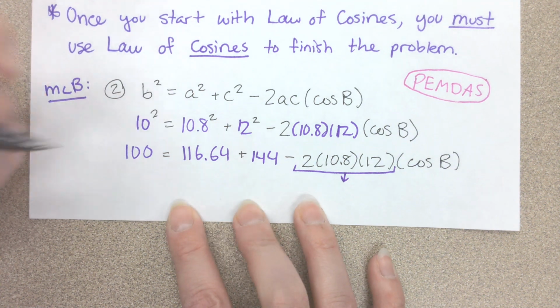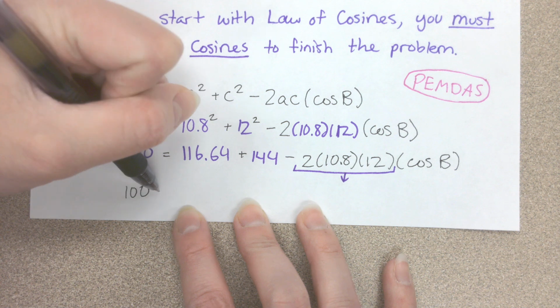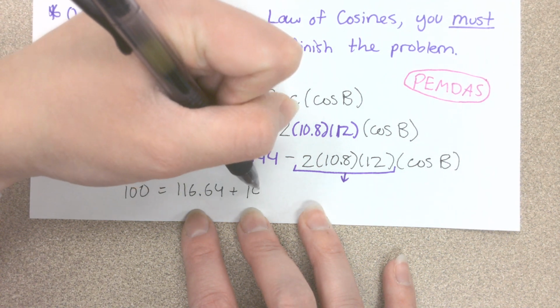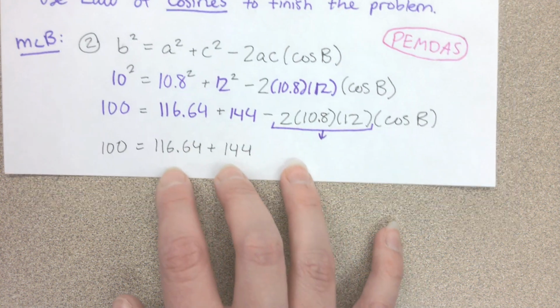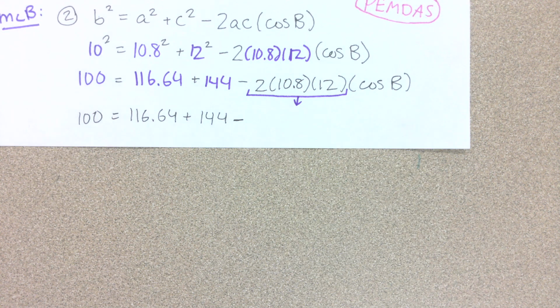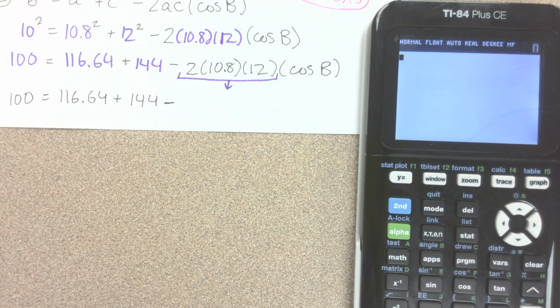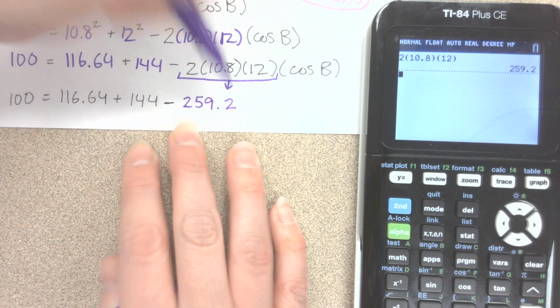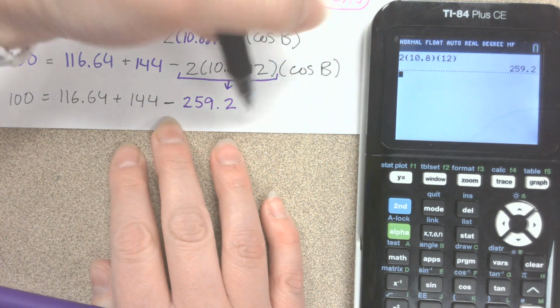Bring everything else down first. And I'm going to leave the negative out when I multiply, so I'm going to get a positive in my calculator. 259.2 cosine of b.